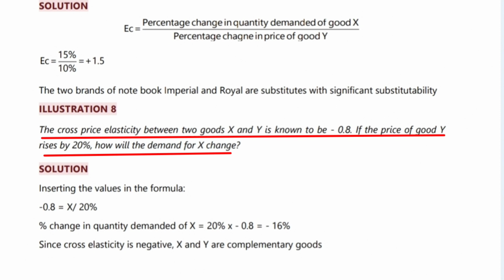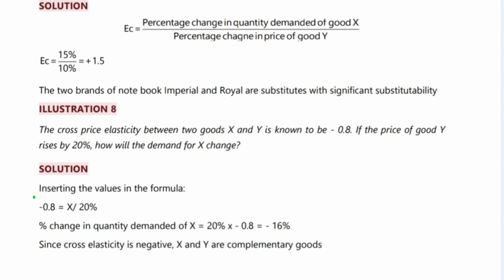Illustration number 8. The cross price elasticity between two products X and Y is given as 0.8. If the price of good Y rises by 20%, how will the demand for X change? Now substituting the values in the formula, 0.8 is equal to the unknown value, that is, the change in demand, divided by 20%.